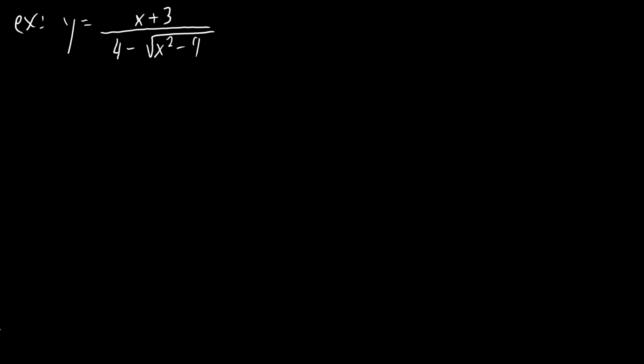Okay, so let's first solve for the case where we would be dividing by 0. So let's set the whole denominator equal to 0, and let's just do some simple algebra here. Okay.